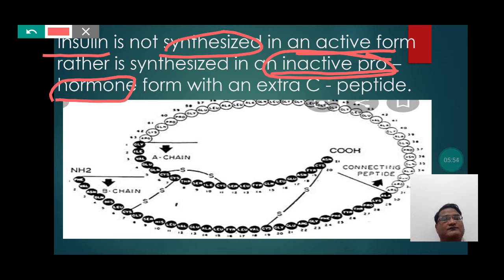And the inactive prohormone is formed with an extra C peptide. So students, the inactive form of insulin generally comprises an extra chain which is called the C peptide.